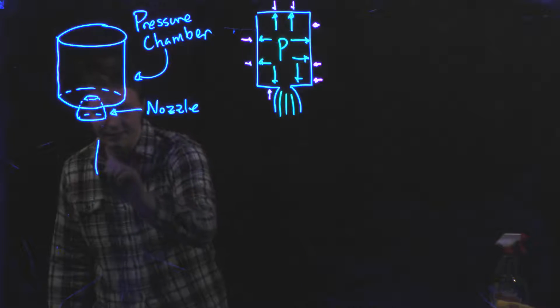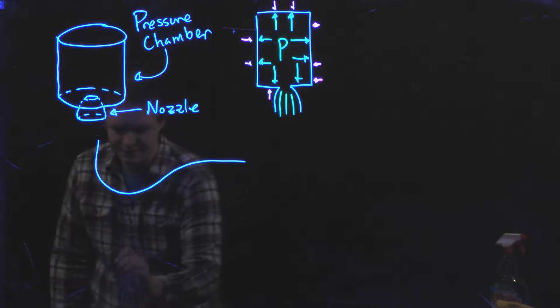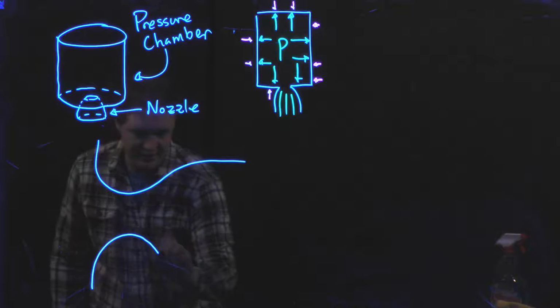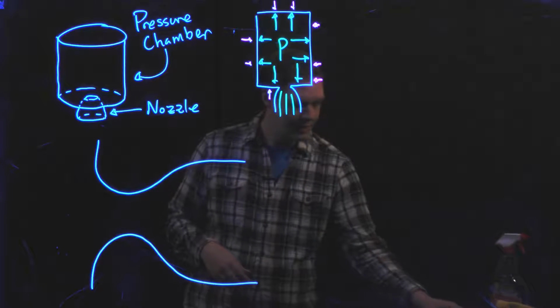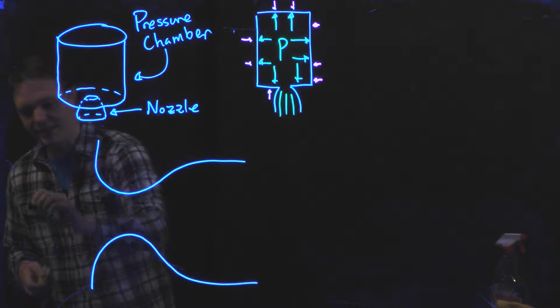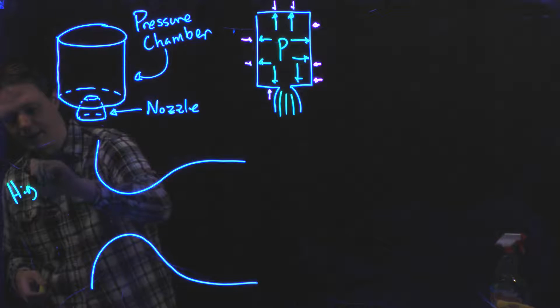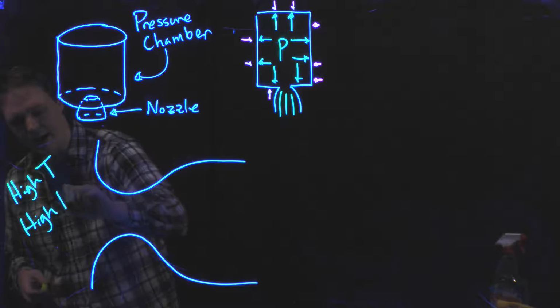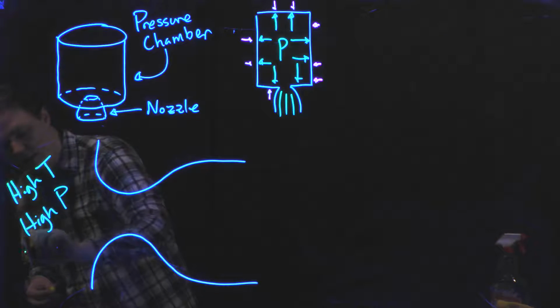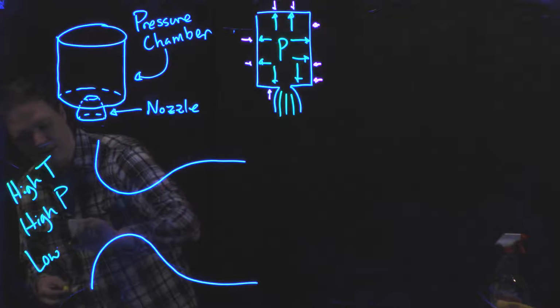So the first is, let's draw a sideways cross-section of our nozzle. The gas starts out here: high temperature, high pressure, low velocity.